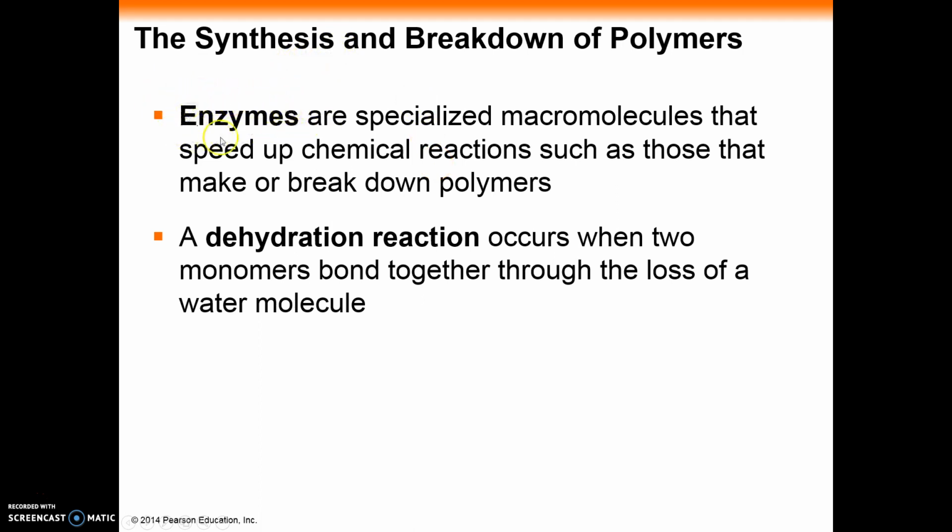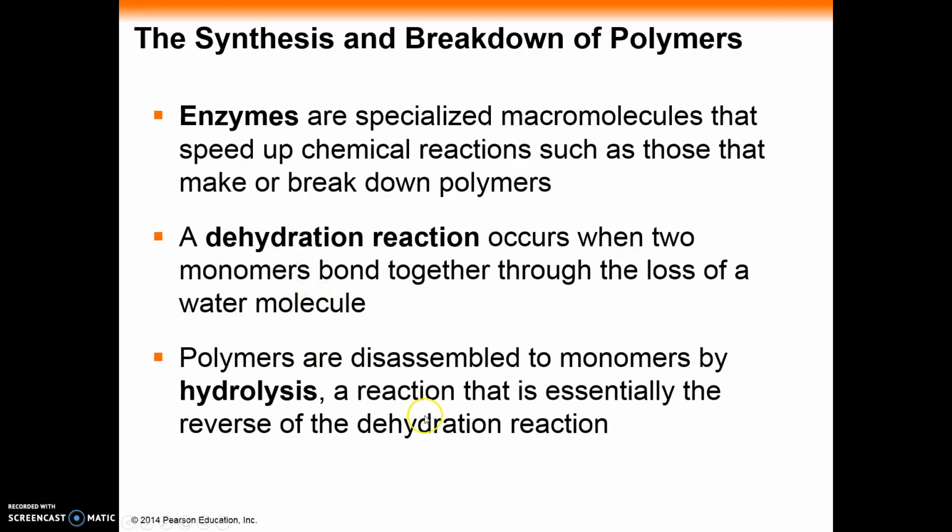These are typically proteins, and their job is to bind the individual subunits and put them in a position where this dehydration reaction is likely to occur. That dehydration reaction takes something such as two OH groups and links them together by the removal of one water molecule, hence the name dehydration.